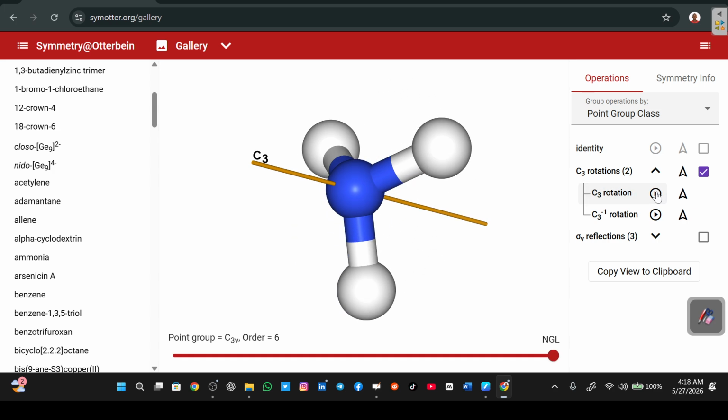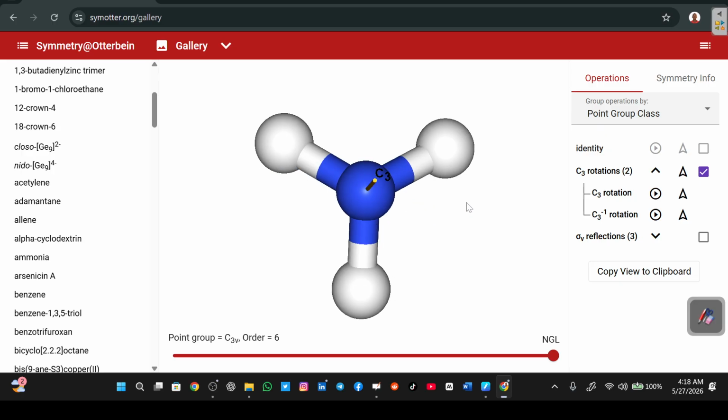So you are rotating this molecule by 120 degrees. I want us to visualize that. It leaves the molecule indistinguishable. And again, if you rotate it by 240, which is just similar to rotating it by 120 in the anti-clockwise direction.